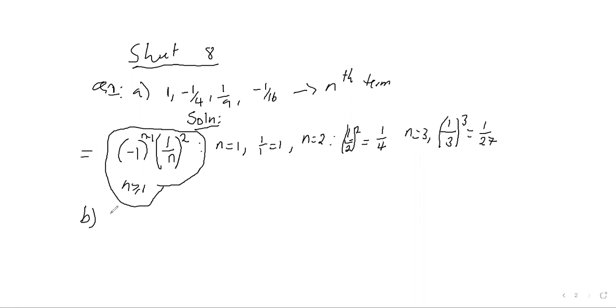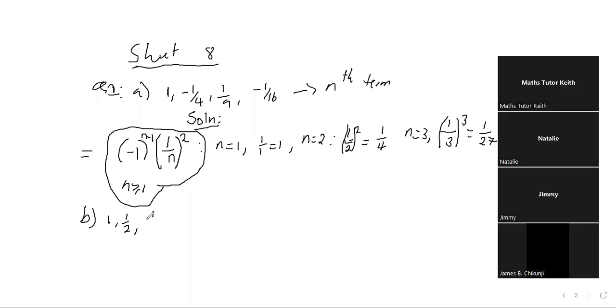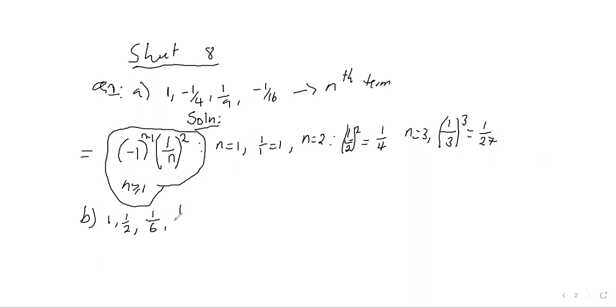What about B? B, we have 1, then 1 over 2, then 1 over 6, then 1 over 24. Like that. So what's the general term?